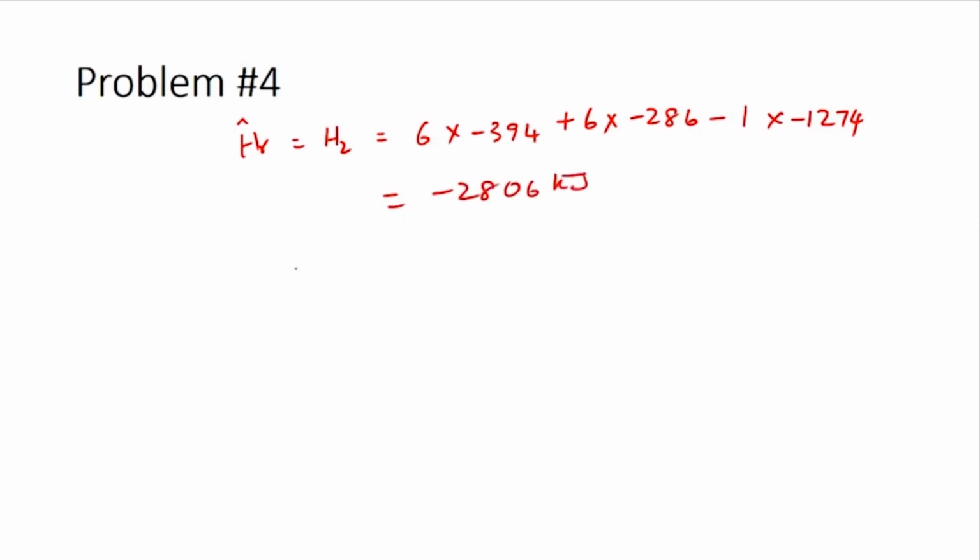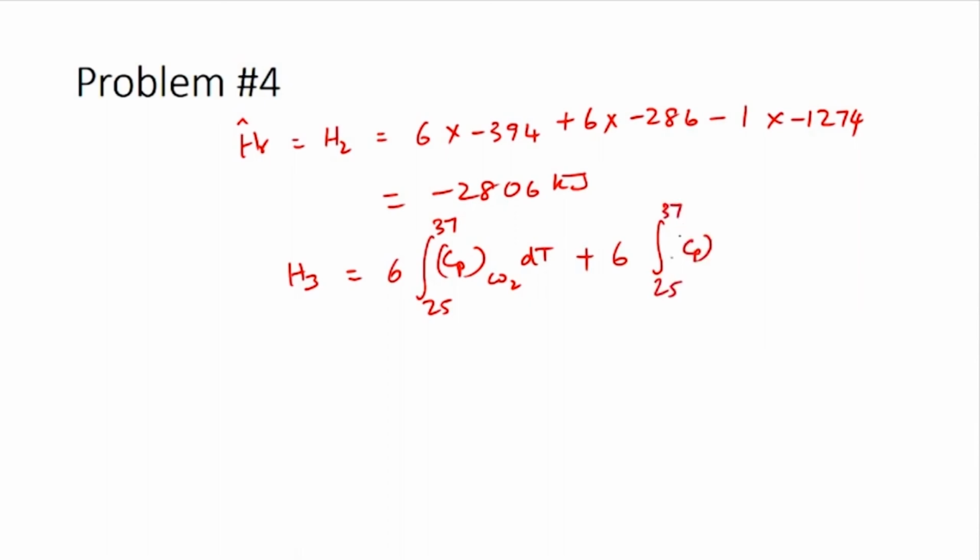And the next step, H3, would be equal to, again, we are now heating 6 moles of carbon dioxide and 6 moles of water from 25 degrees Celsius to 37 degrees Celsius. So, for carbon dioxide it will be 6 times integral Cp of carbon dioxide dT from 25 to 37, plus 6 times, this second term would be for water, from 25 to 37 Cp of water dT.